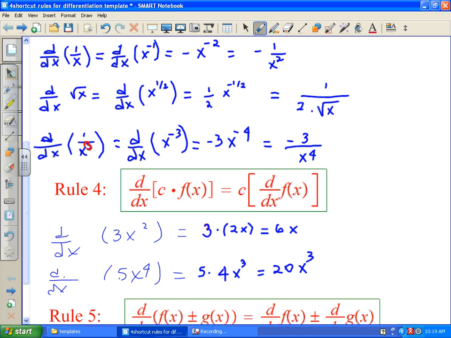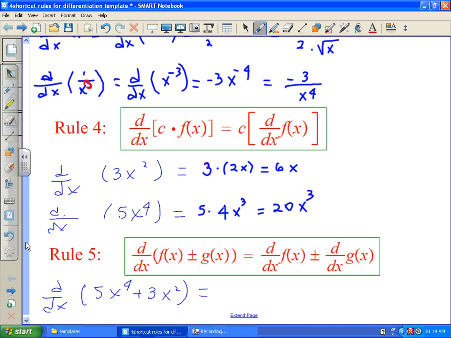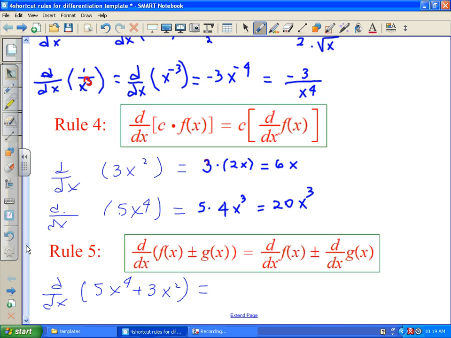All right. Another simple rule that's going to make our life easy is the derivative of a sum or difference. When you have derivative of f plus or minus g, basically you can distribute the derivative over a sum or difference. Take the derivative of the first plus or minus the derivative of the second. For instance, the example I have below is kind of like a repeat of the 2 examples from the top.